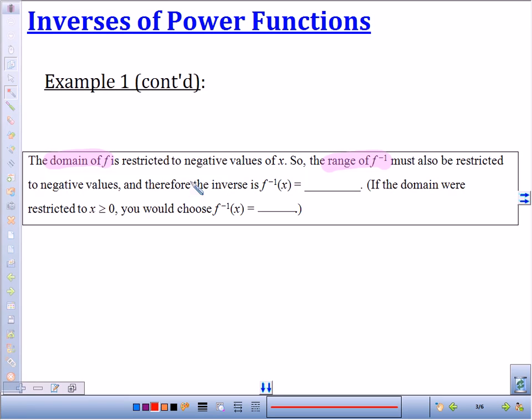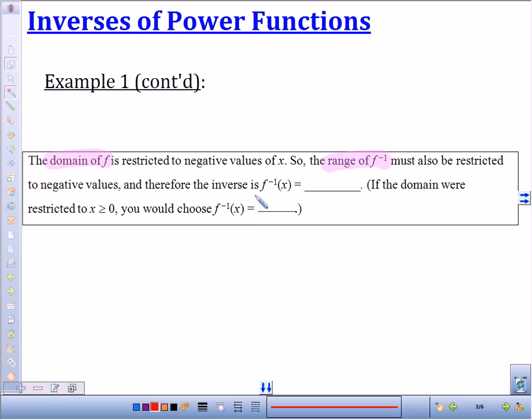So that means that the domain and the range switch places, because the domain is x and the range is y. So the domain of the function f is the same thing as the range of the inverse of f, because domain and range switch places. So if one happens to be restricted, then the other also has to be restricted.